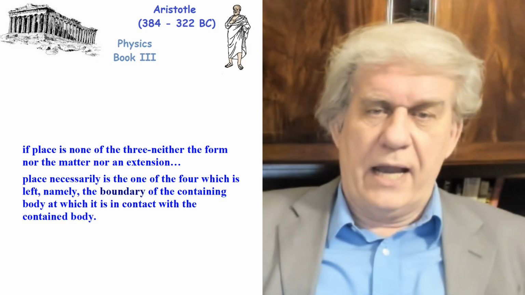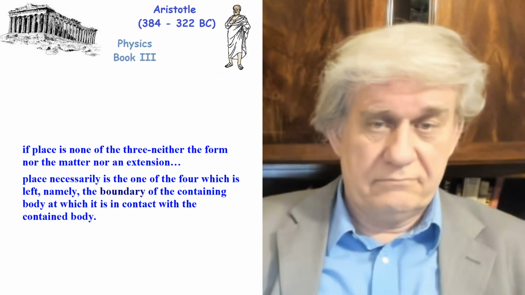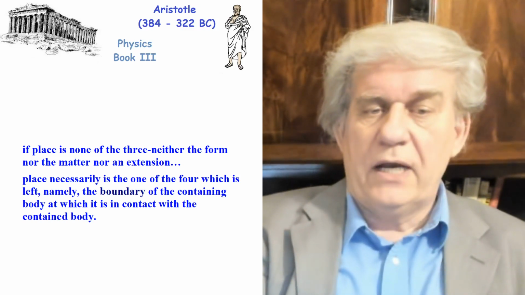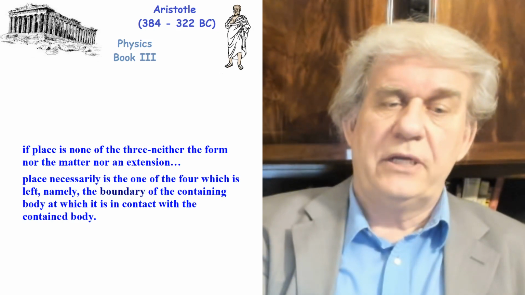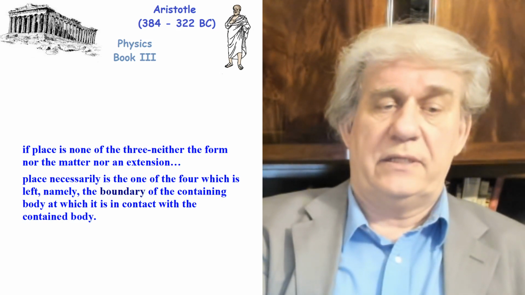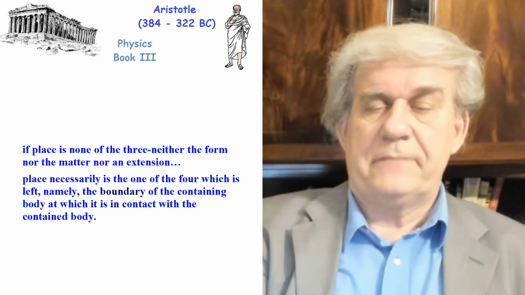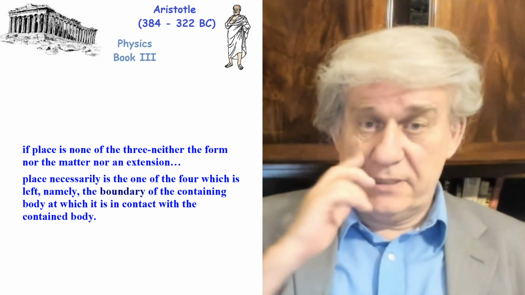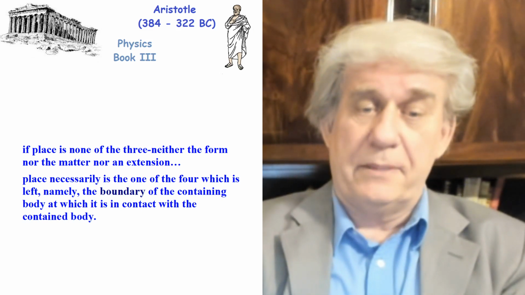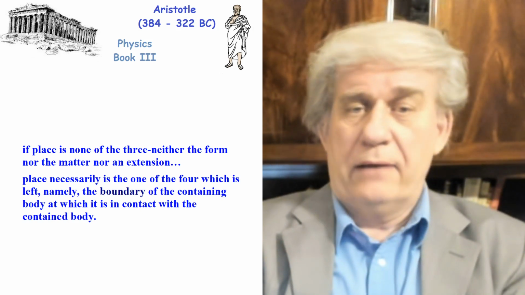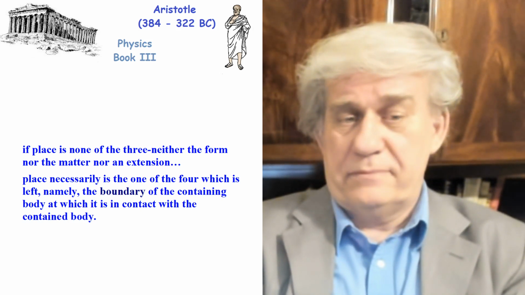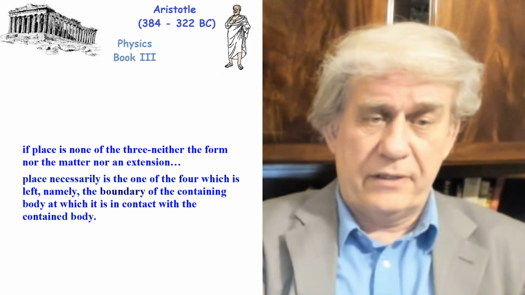So it's the outline, the perimeter, any way you want to look at that, of the containing body, at which it is in contact with the contained body. So he's saying essentially it's going to be the perimeter, the boundary, the outer surface, you could say. Any of those words would fit in there just fine.